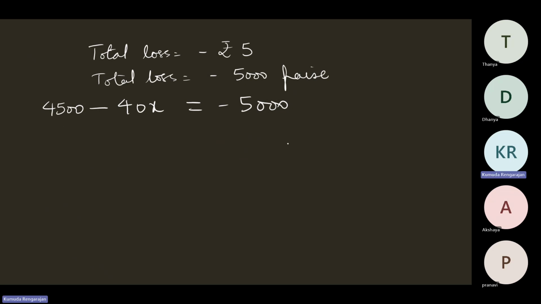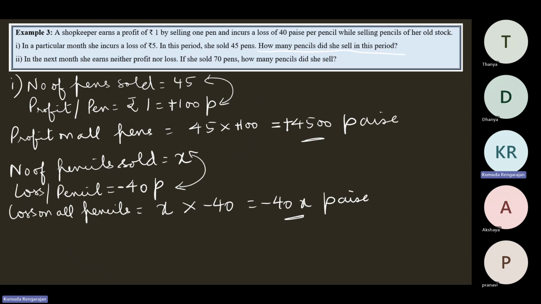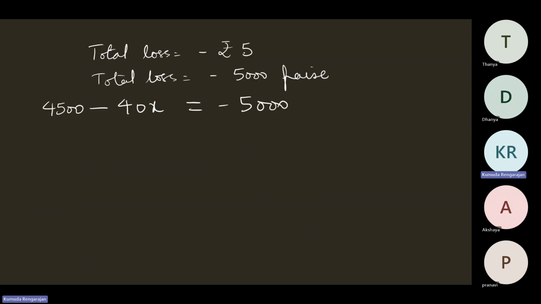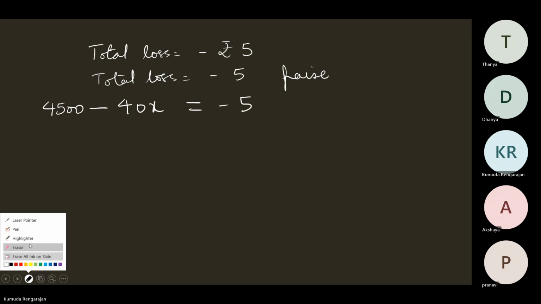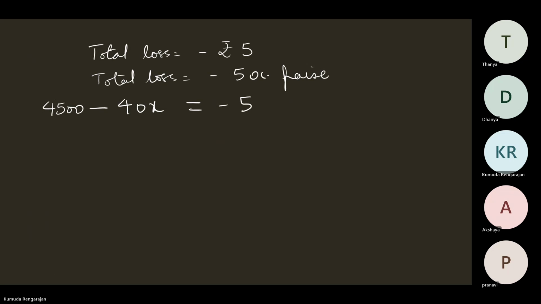And everything is in paise. We converted 1 rupee to paise. 40 paise was already in paise. And this 5 rupees we converted to paise. Oh my God, why did I write 5,000? Sorry, making so many mistakes. Only if you say you understood till here, I can continue.